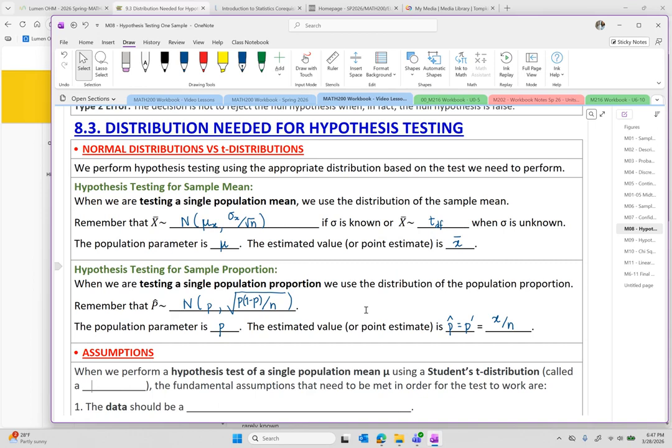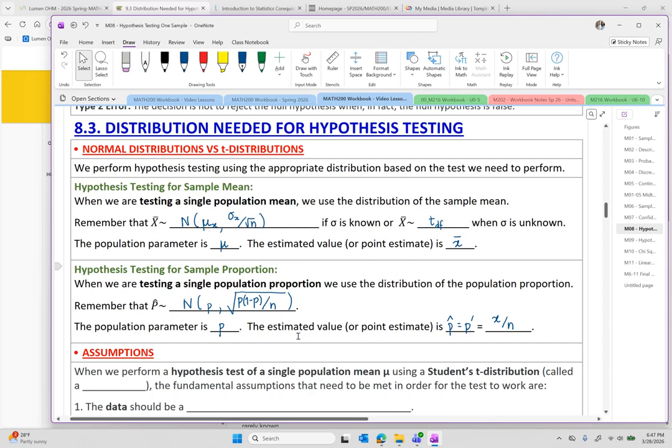The population parameter is p, in some textbooks pi, like the Greek letter pi, and the point estimate is the proportion of our sample. The notation for that is p hat or p prime, and it equals the number of elements in the sample that satisfy the category that we are checking divided by n.